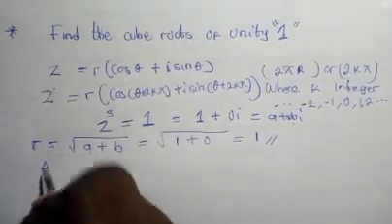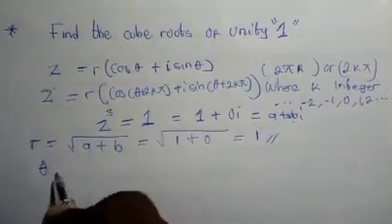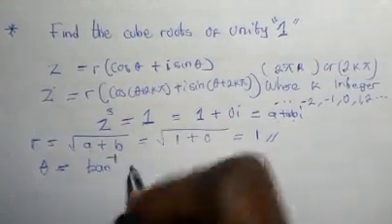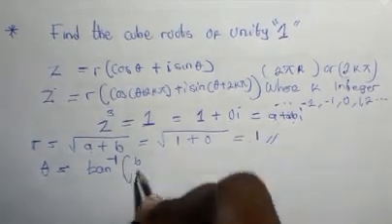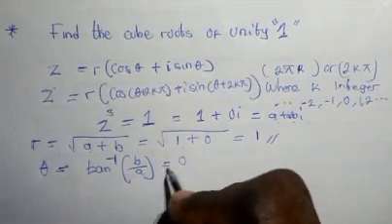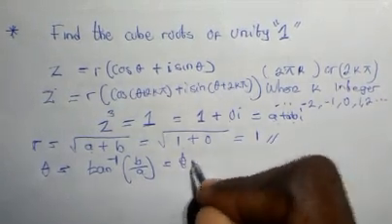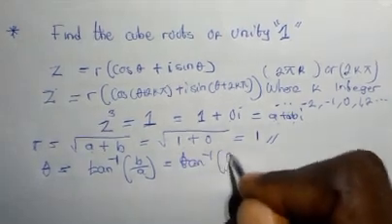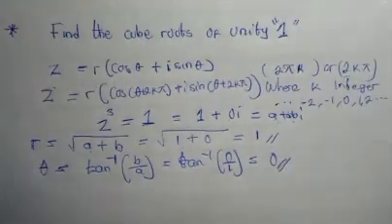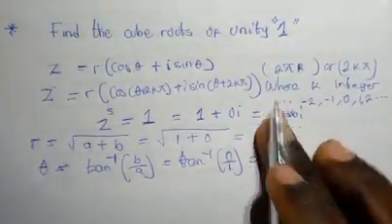For theta, to find the value of theta, we have tan inverse open bracket b over a, and b is equal to 0. So we just say tan inverse of 0 over 1 is equal to 0. So let's substitute this back.